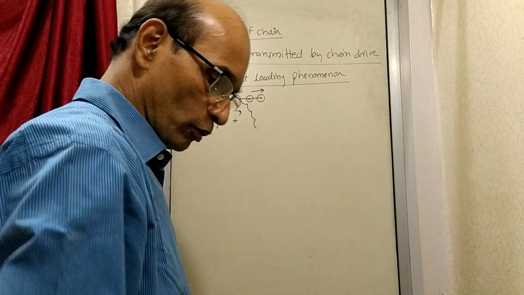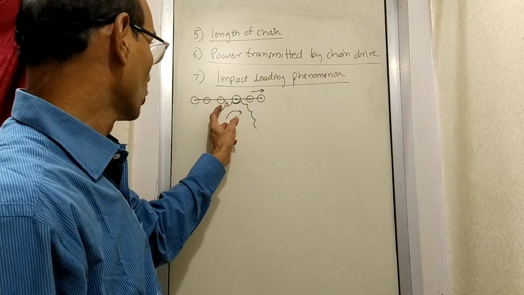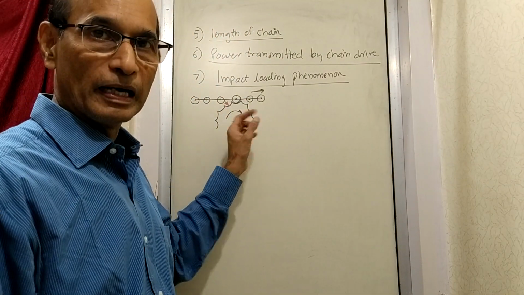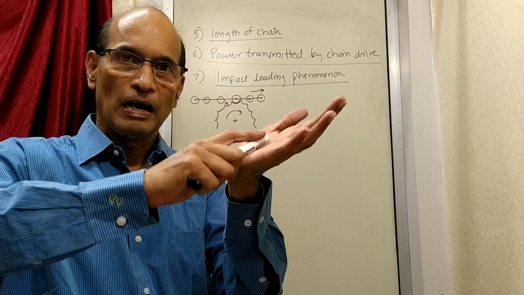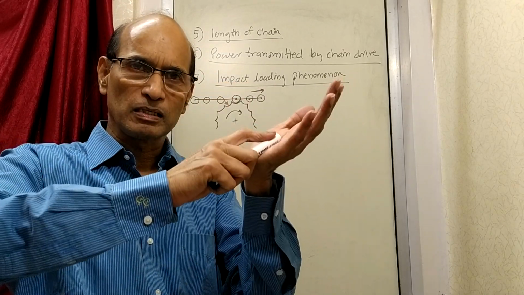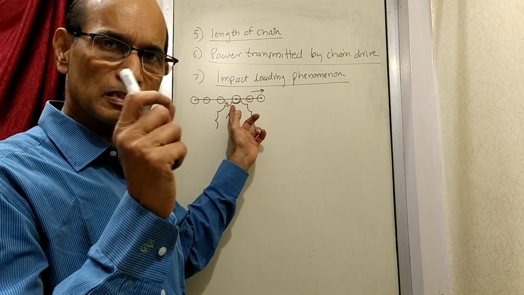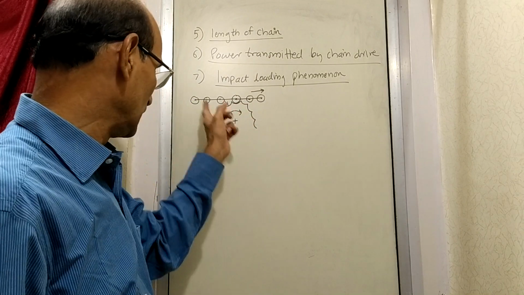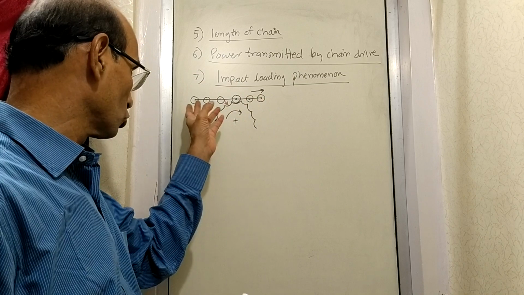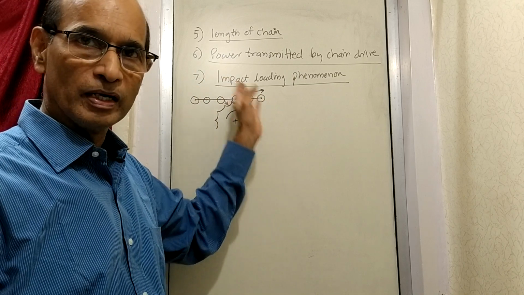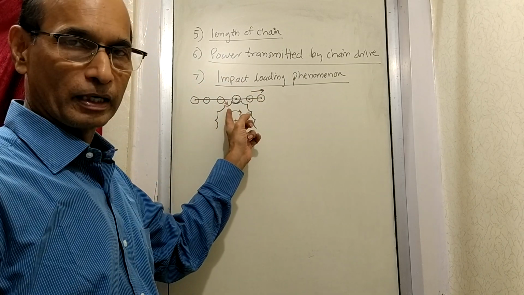So when the metal of the roller sits here in the groove, one metal is having a very light impact on the other metal, so that is creating some kind of noise. And that keeps on happening all the time because so many rollers keep on hitting the grooves of the sprocket.